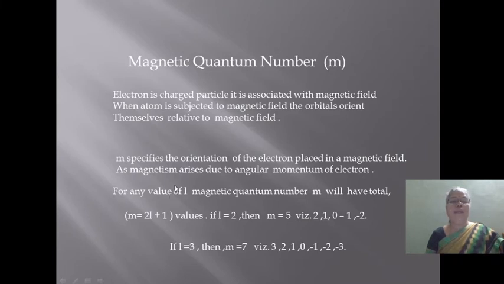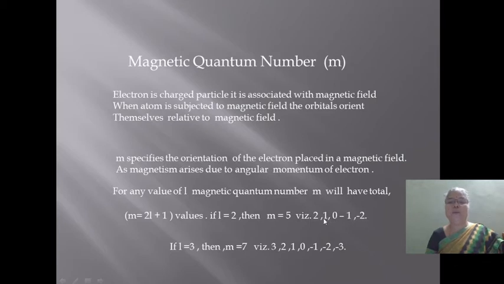So, for any value of L, the magnetic quantum number M will have total values given by 2L plus 1. That means if L equal to 2, then by using this formula we have M equal to 5 values, and those 5 values are plus 2, plus 1, 0, minus 1 and minus 2.